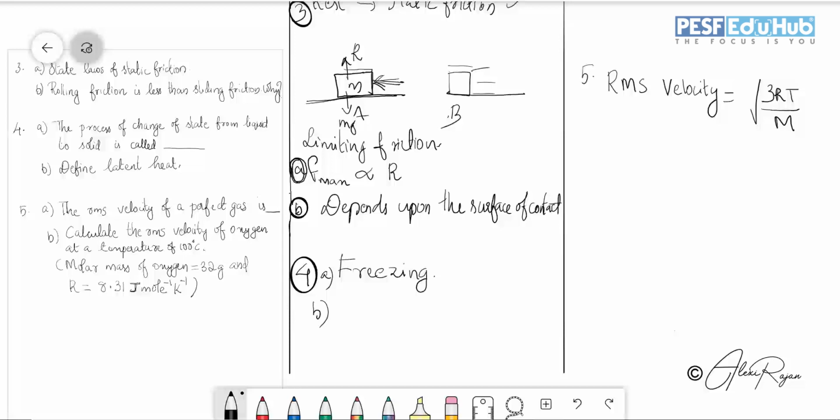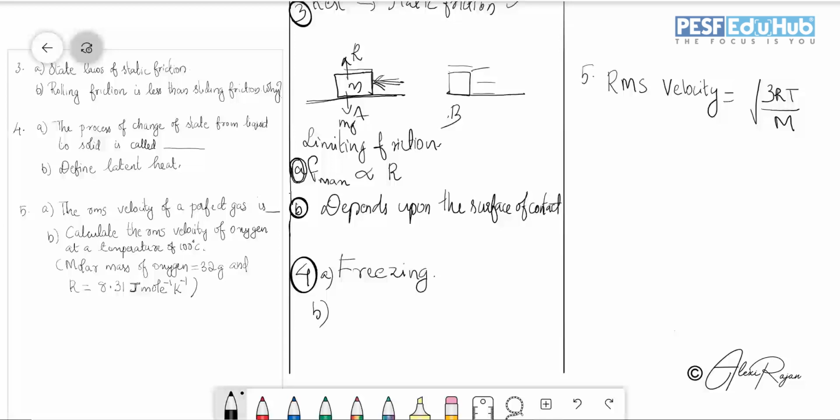So here the RMS value of the molecule is given by root 3RT by M.